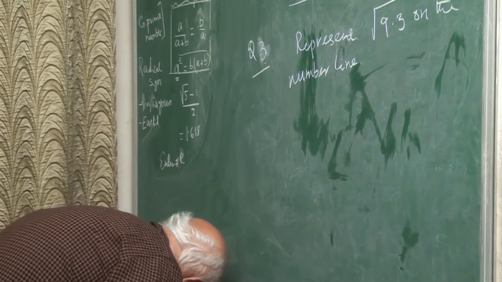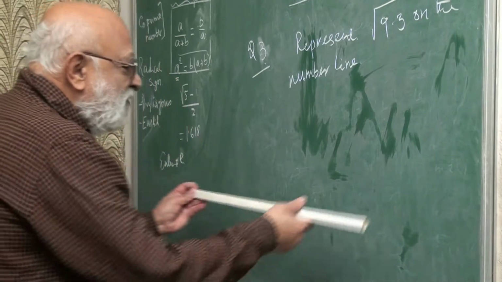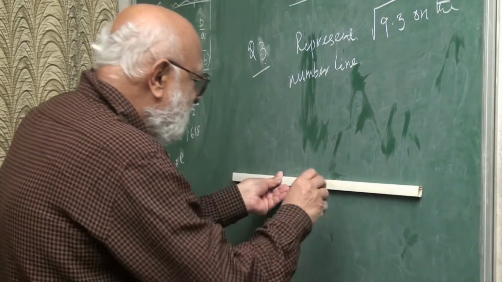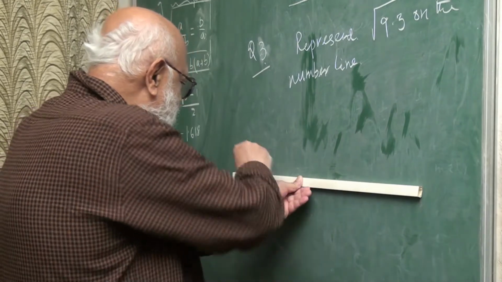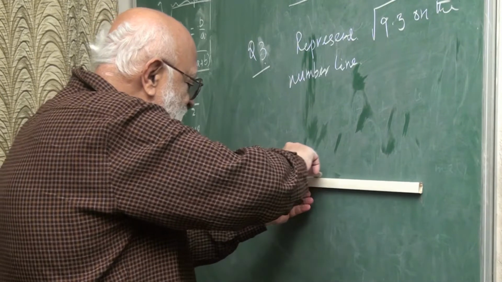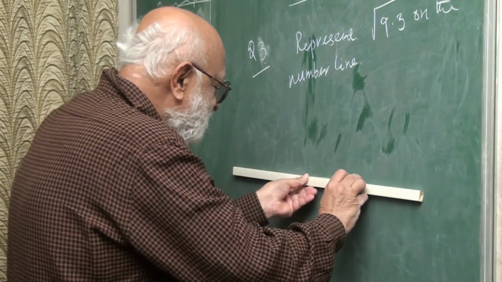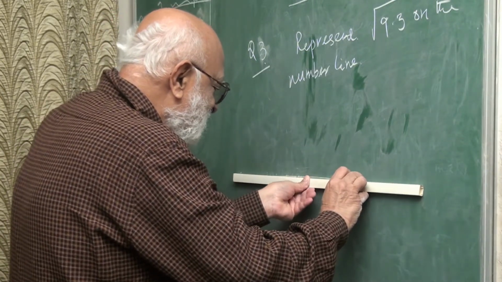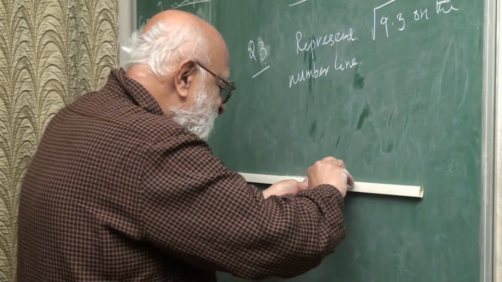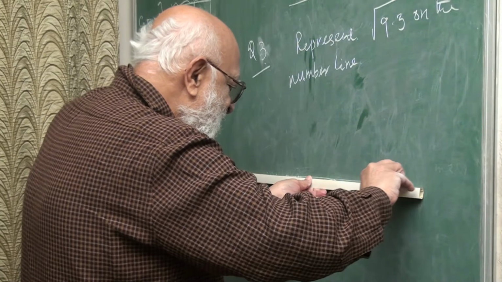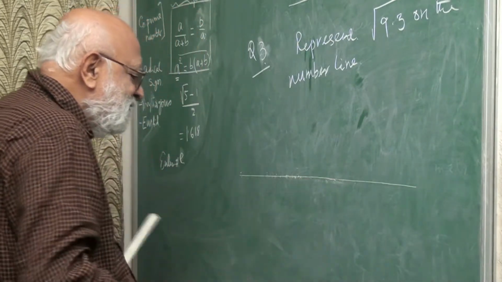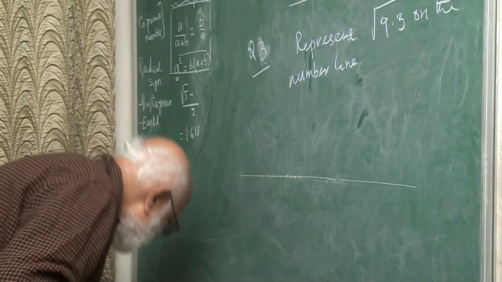First we have to draw this number line. So let me draw this number line. I should draw it firmly, otherwise the line will go here and there. You can see it is happening already here. Okay, so this is my number line. This number line looks like this.